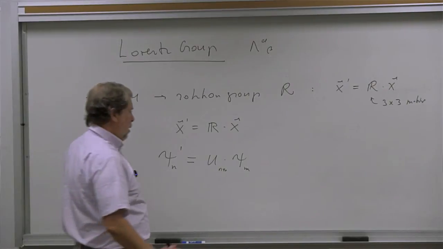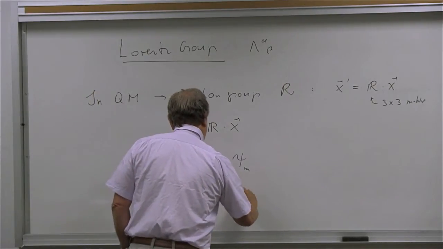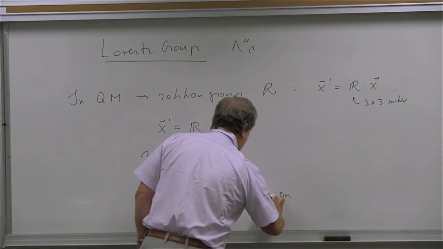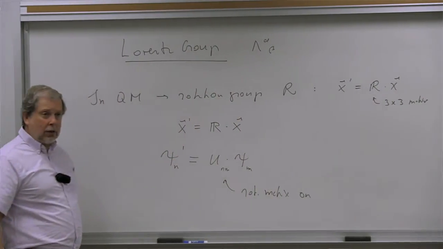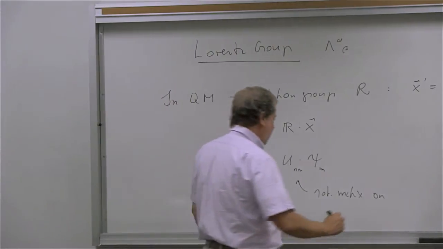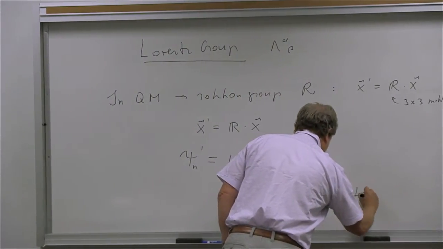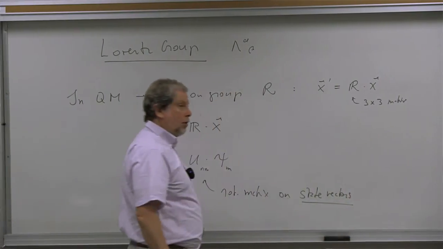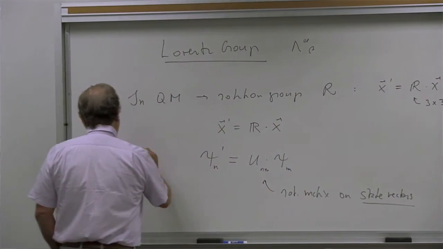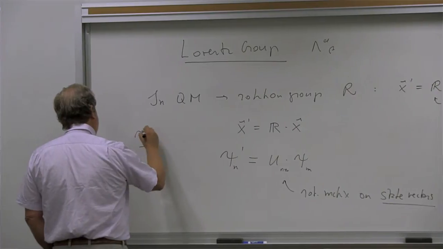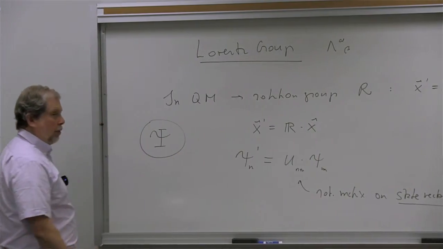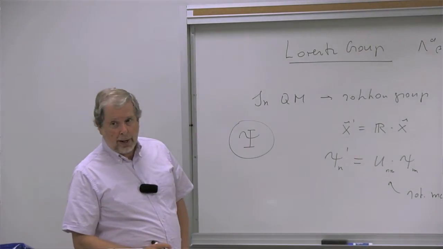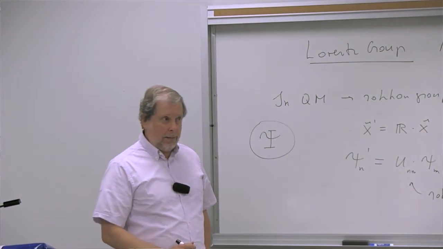So U is the rotation matrix on what? Well, of course, not on the x coordinate, but on state vectors. It's the rotation matrix on state vectors. So in quantum mechanics, we have this psi, and so the rotation is done on the psi. Now, one of the things that we do learn in the quantum mechanics class is that this rotation has a simple form.